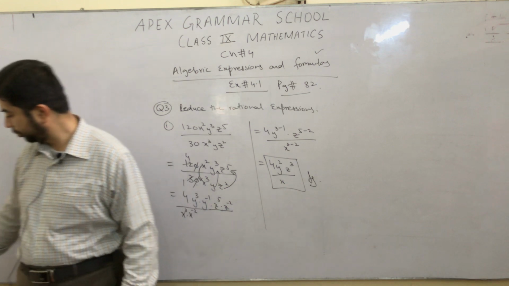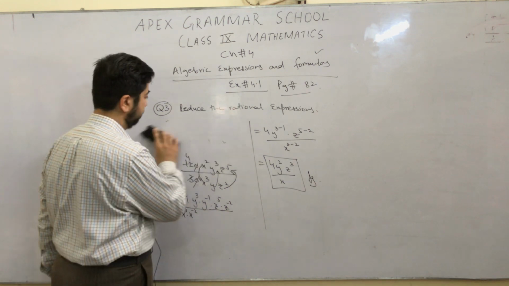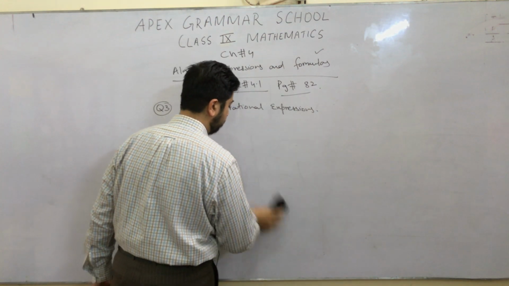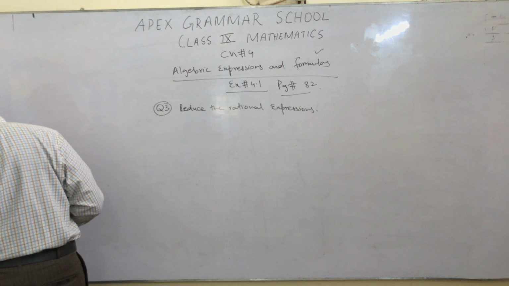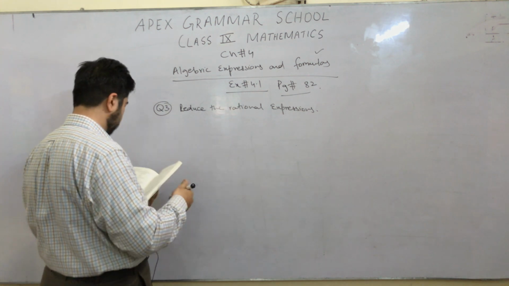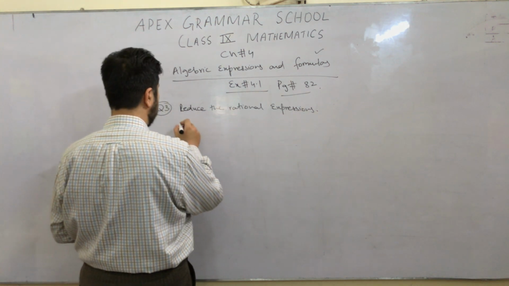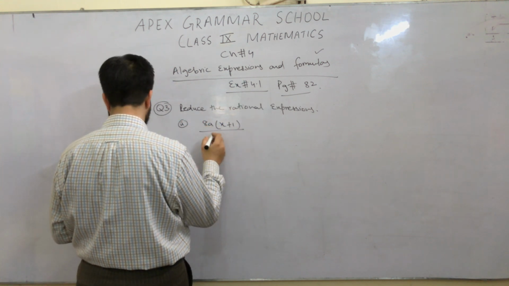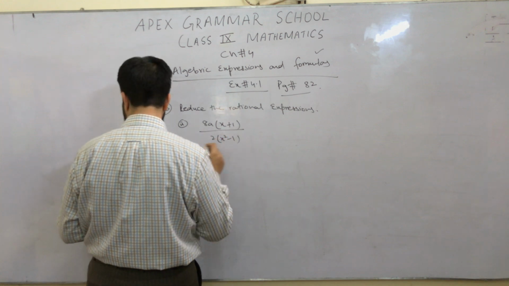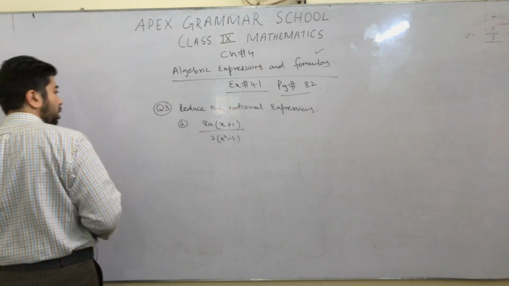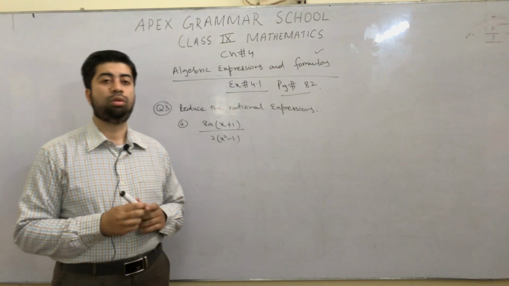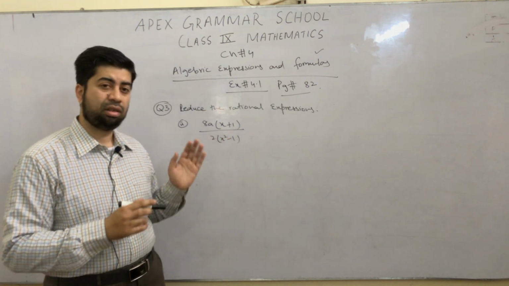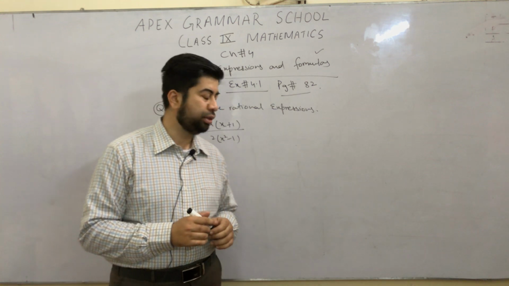After that, part 2, that is 8a into x plus 1 divided by 2 into x square minus 1. I already told you about those formulas which I have written in the starting of this video lecture.